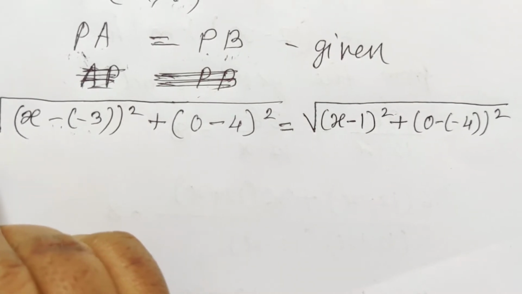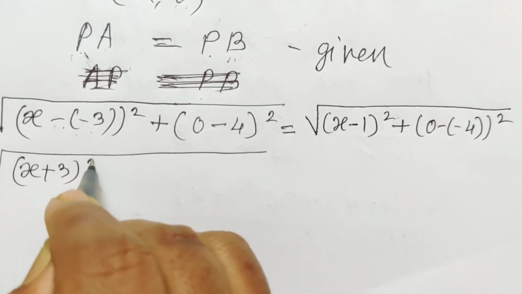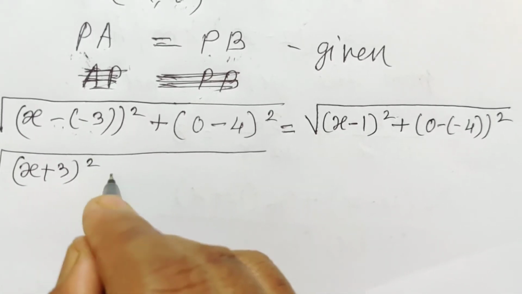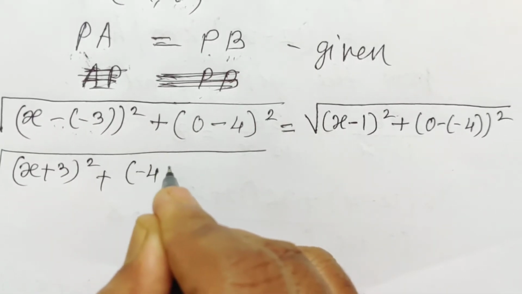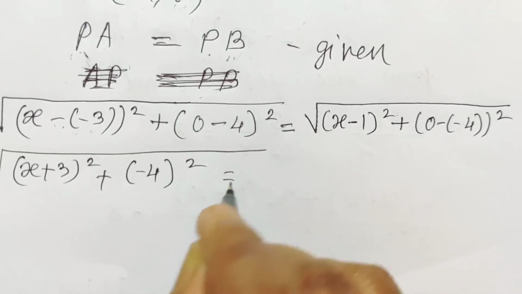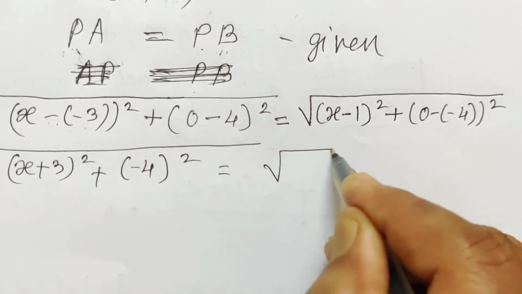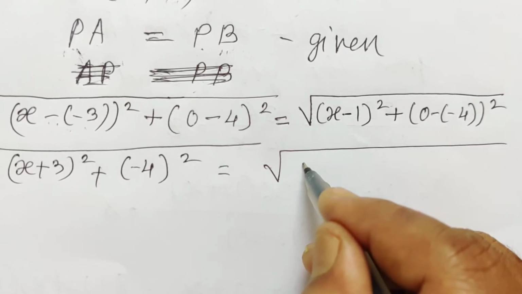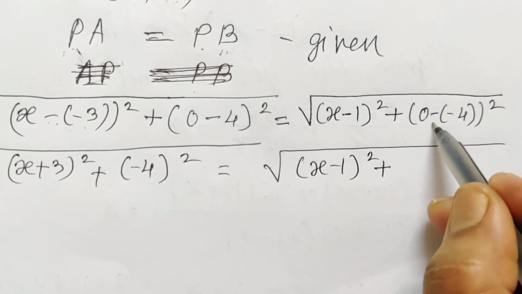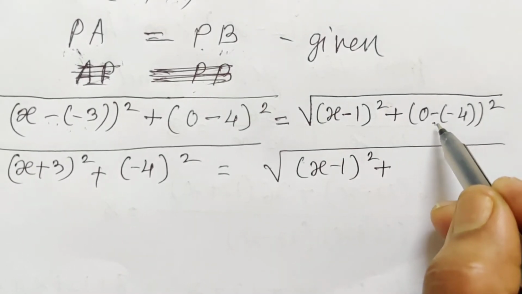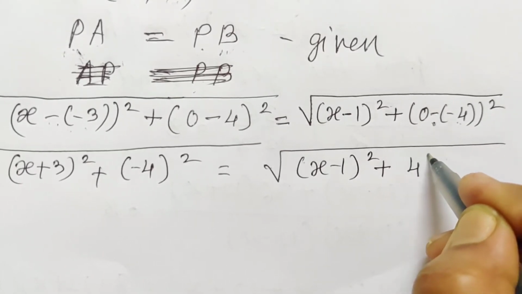According to that you will get here x plus 3 bracket square plus 0 minus 4, that means minus 4 bracket square, equal to, both sides we will solve simultaneously, x minus 1 bracket square plus, minus will change into plus, change the sign of the second term, according to that it will be plus 4 square.